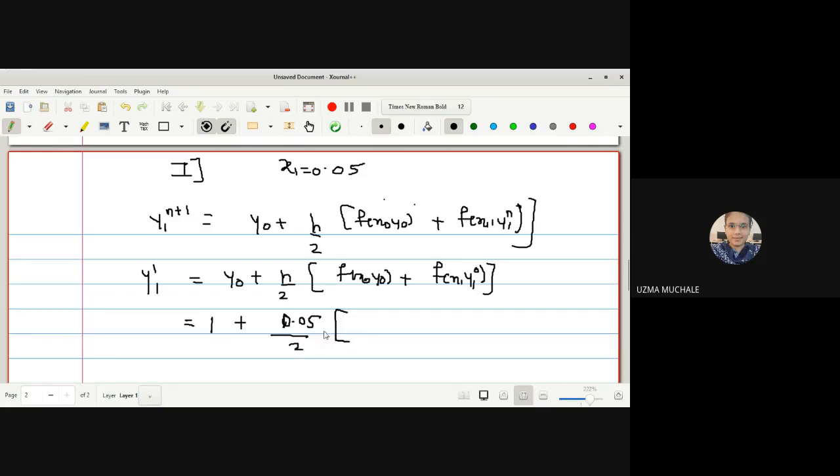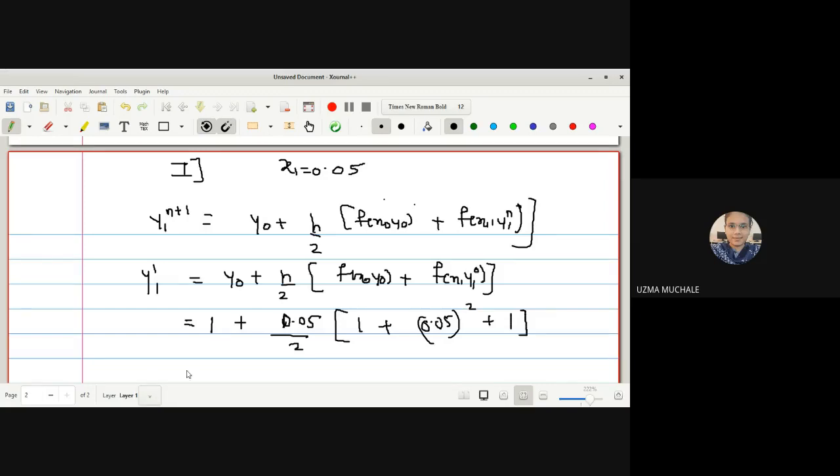We have found just now, it is 1, plus f of x1 y1. The function f of x y provided to us is simply x square plus 1. So it will be x1 square plus 1, that is 0.05 squared, plus 1.